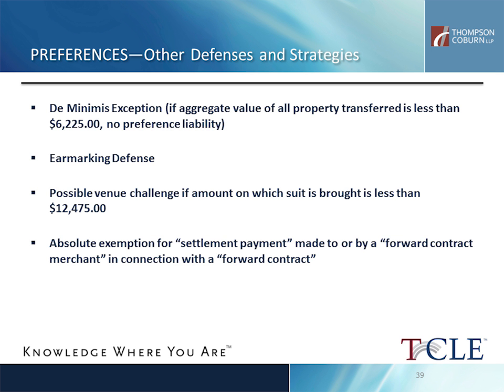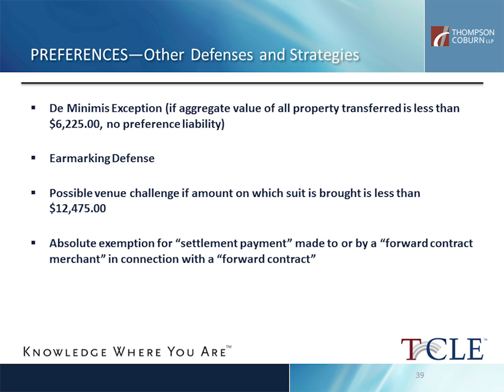And the third bullet point is really a venue challenge, and truly an estate representative should not bring an avoidance action in the district in which the debtor has filed for bankruptcy for less than $12,475. They're supposed to bring that in the district where the trade creditor is present, and that by and large would be a bar for most estates from bringing claims that are less.